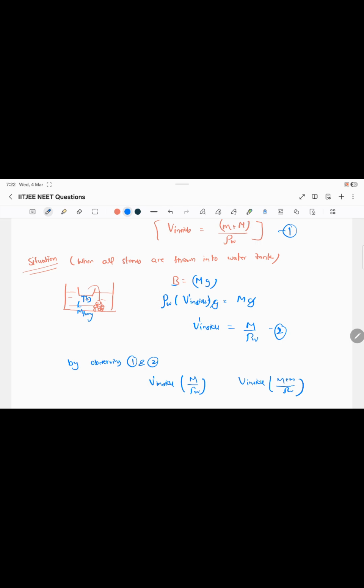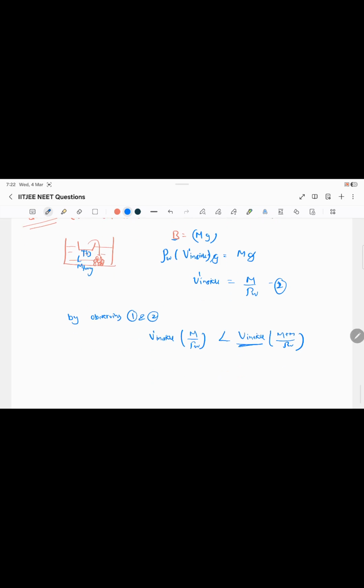We can clearly see that the volume in the first case is more, and volume can be written as area into the height it had in the water. So the water level will decrease.